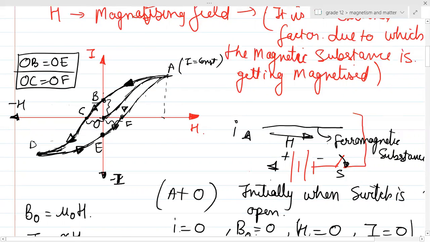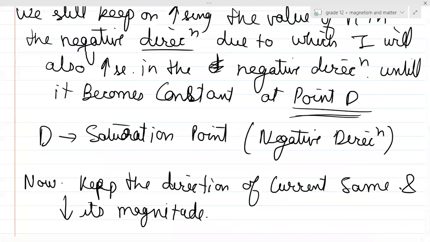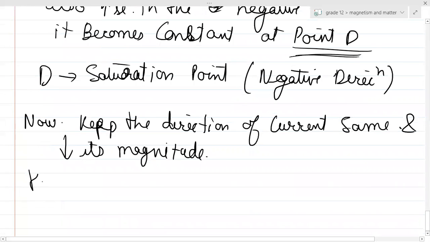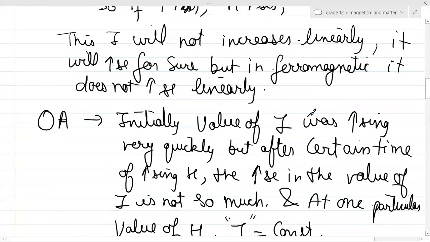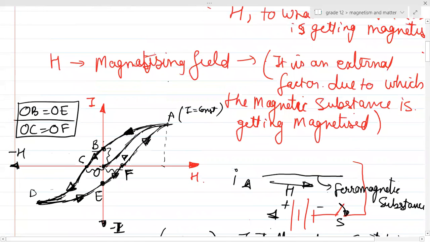So can you see, guys, from F to A also again there is a whole loop. Yes or no? Shall I leave the part DE, EF and FA to you? Guys, can I leave homework DE, EF and FA to you people? Just explain the same way we did for AB, BC and CD.